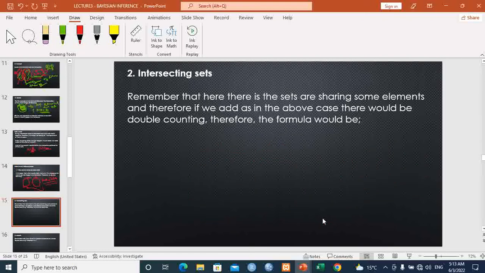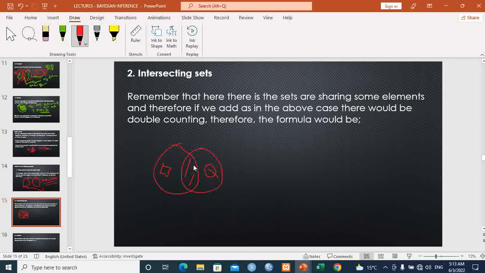What if the sets are intersecting? For intersecting sets, for example, drawing a diamond and drawing a queen, they can happen together.